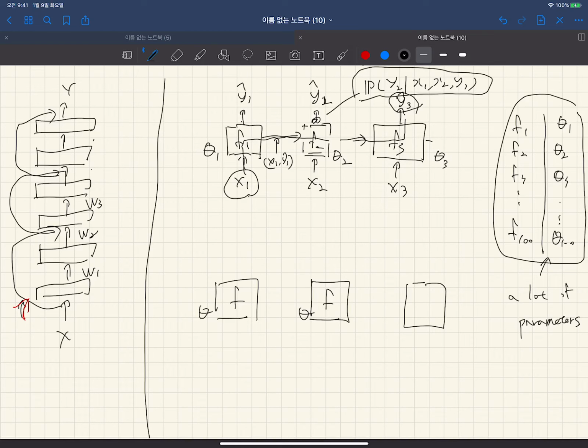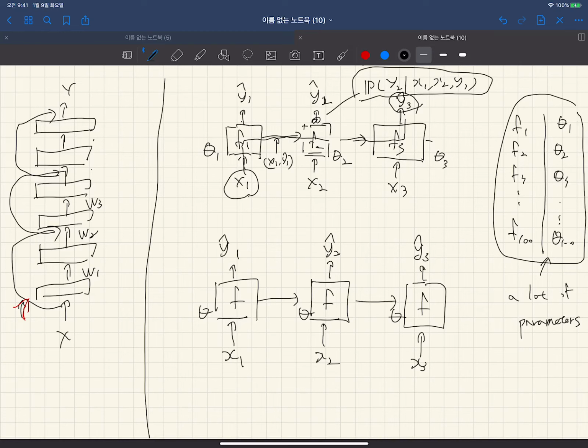So with x1 you estimate y1 hat and use the hidden state, then x2, y2 hat, x3, y3 hat.